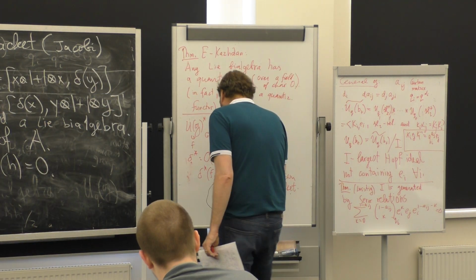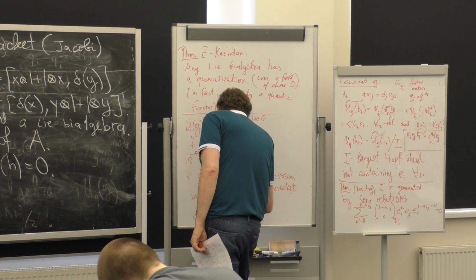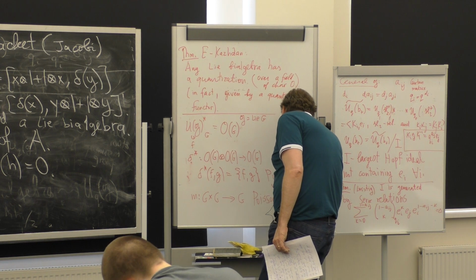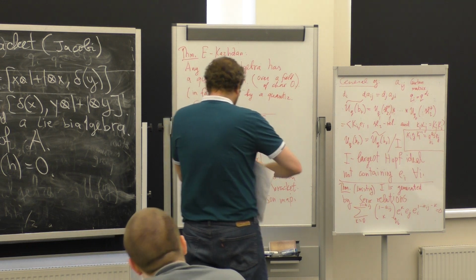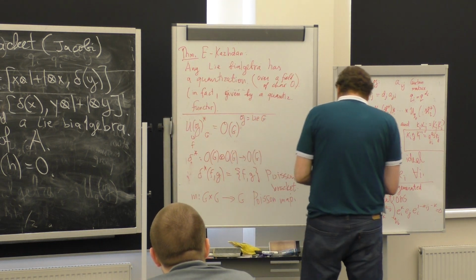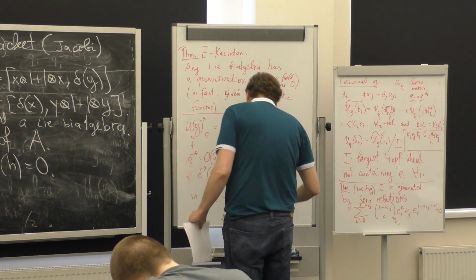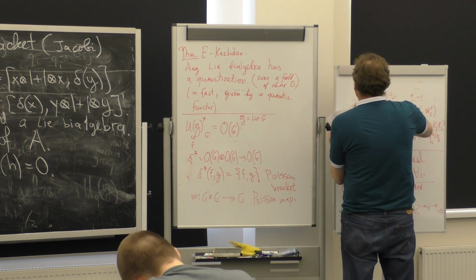And moreover, the multiplication map from G cross G to G is a Poisson map. There is a natural Poisson bracket on G cross G, which is a product of the bracket on G with itself, and this multiplication preserves this bracket. And such a structure is called a Poisson algebraic group.